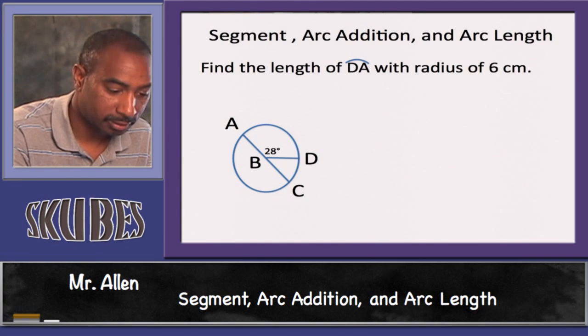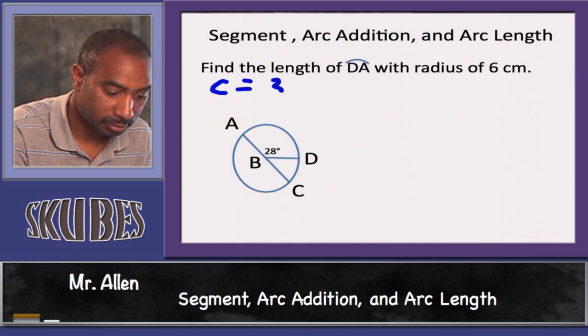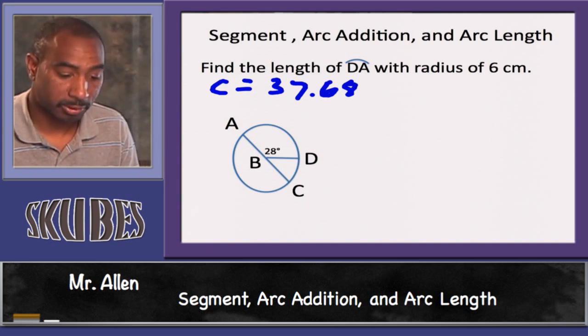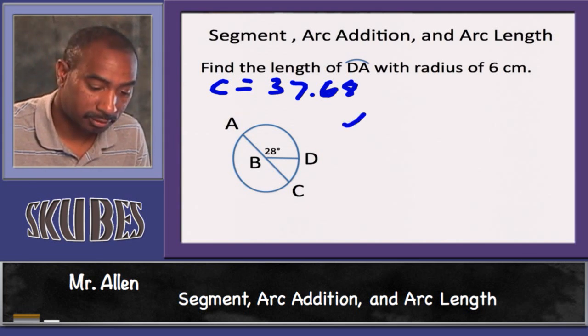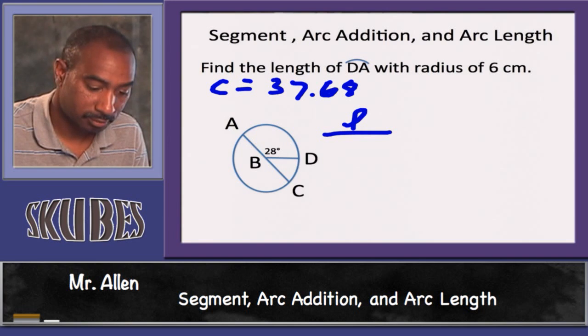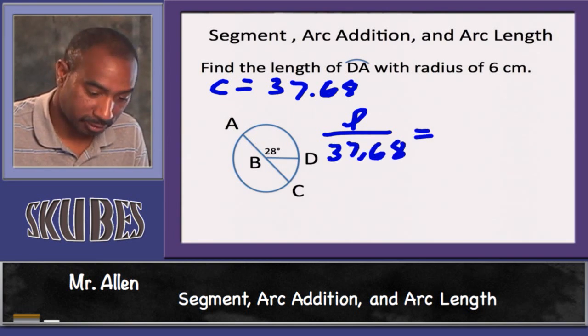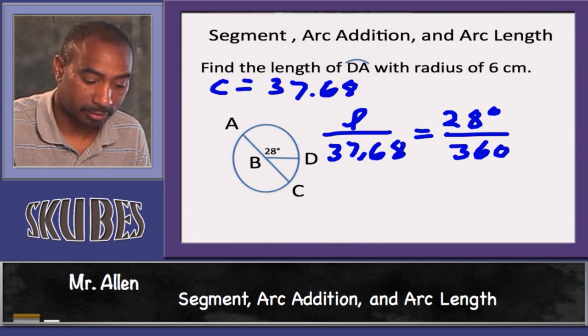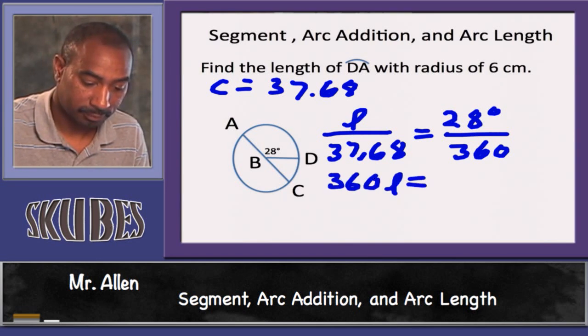All right, so we know that the circumference is 37.68. Now you can use it in your proportion. So the arc length is to the circumference, 37.68. Then you put the central angle is to 360. And you cross multiply it like the previous problem. 360 times L equals 28 times 37.68.